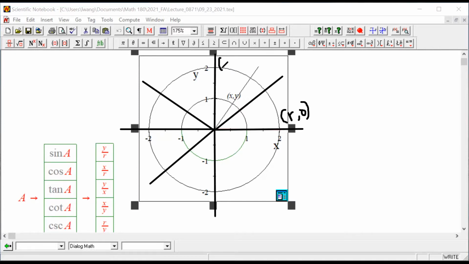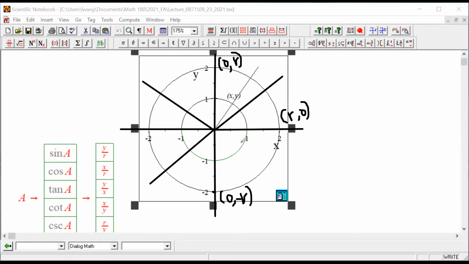There, x is 0, and y is the same as r, the hypotenuse. In that case, r divided by r is 1, so that's the largest value it can be. You follow me? Now look at this point: x is 0, y is -r. In that case, y divided by r is going to be -1. Everything in between is going to be between -1 and +1.